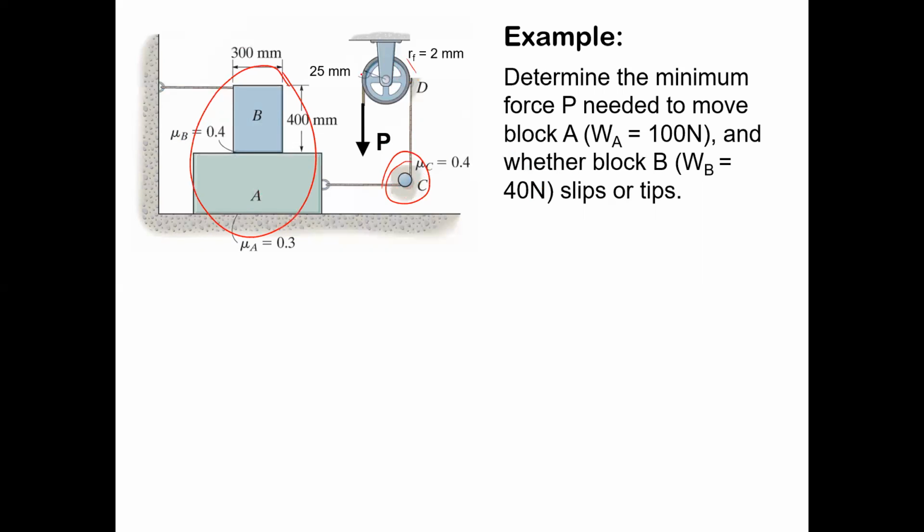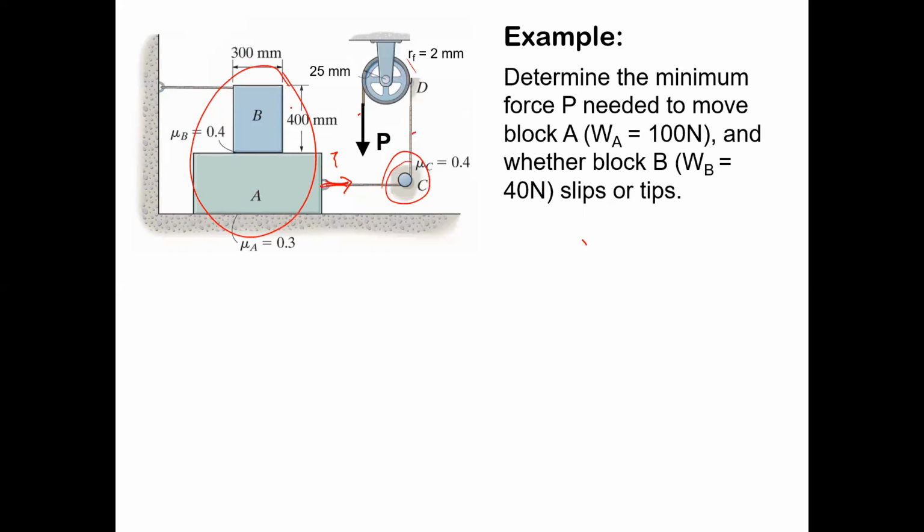And you're going to also have to pull harder to get around this pulley here, which is pulley friction. Just applying those formulas, you're going to increase the force after you cross each one of these components. But the basic question is, how much P are you going to need to apply to get that box to move? So you start there, and then once you get that answer, you apply it to other points.